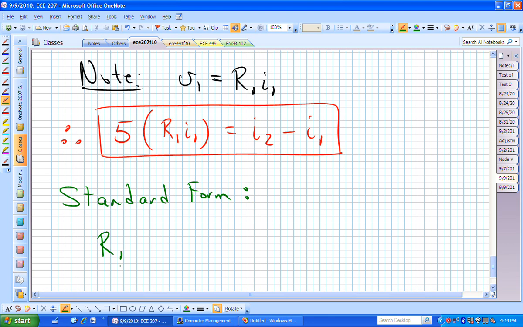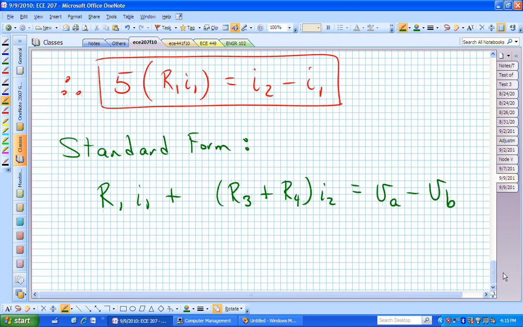Simply an R sub 1. What was multiplying I sub 2? That was the sum of R sub 3 and R sub 4. And then we had the two voltage sources, which if we take to the right-hand side would be V sub A minus V sub B.